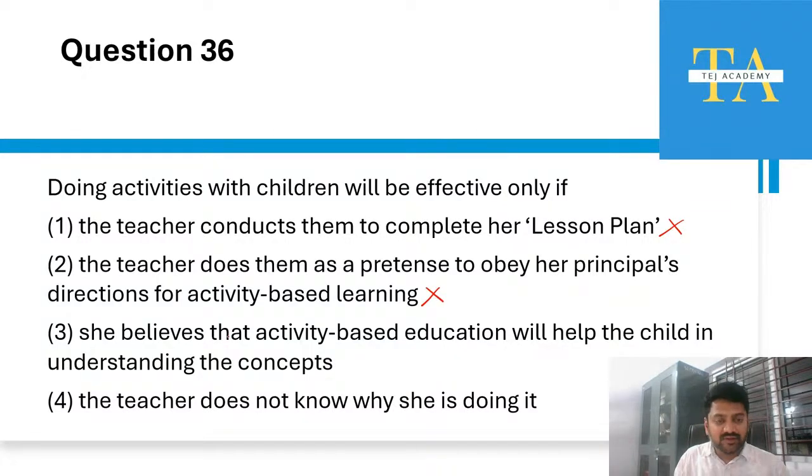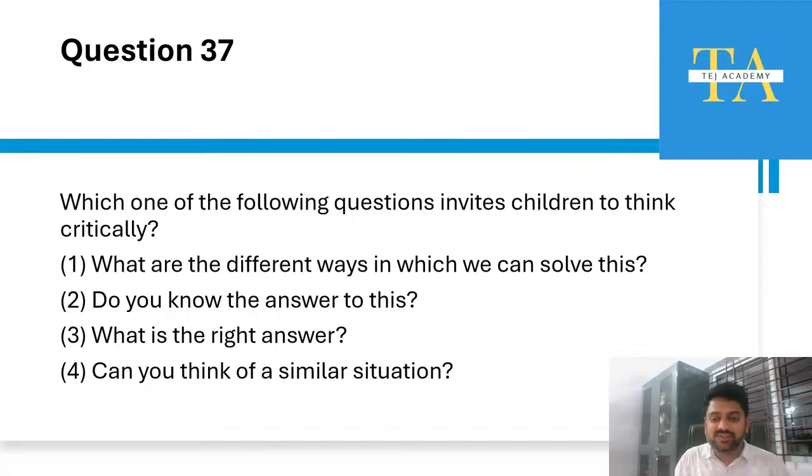No. She believes activity-based education will help the child in understanding the concepts. Or the teacher doesn't know why she is doing it. So obviously it is 3. When the teacher believes that activity-based learning will help the child in understanding the concepts, definitely it will become more effective. Good. Question number 37.